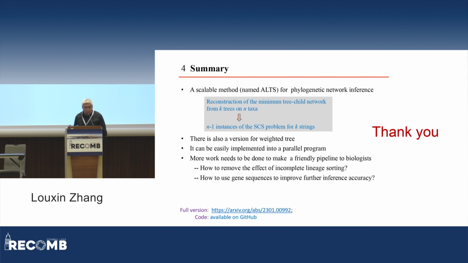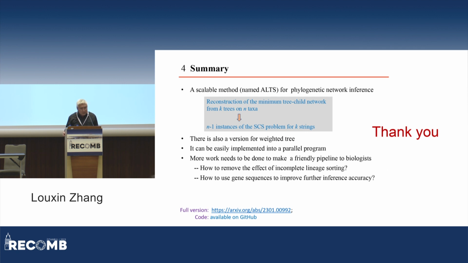So in summary, I have presented a scalable method for phylogenetic network inference. This method is based on a very novel technique. We also have a version for weighted trees. If the trees are weighted, we can output a weighted network.